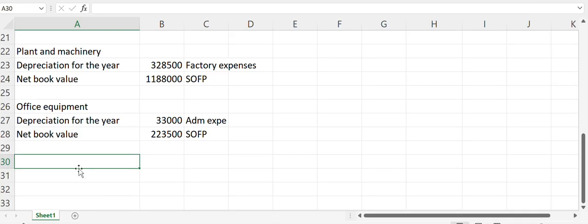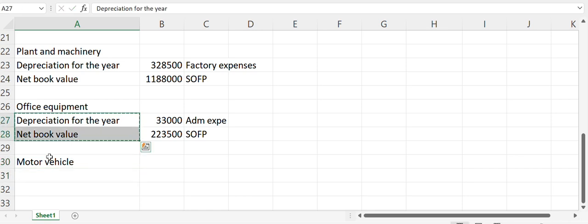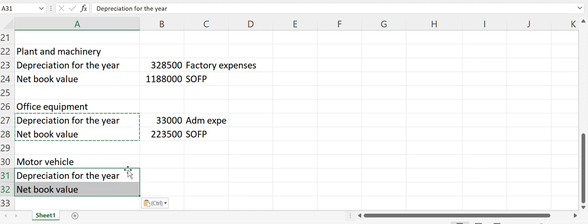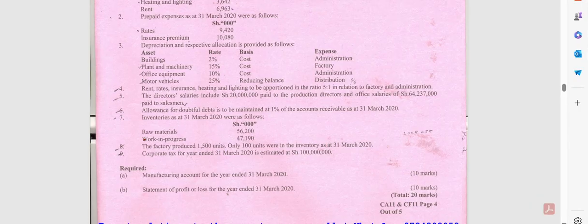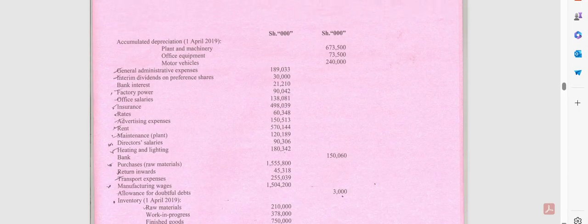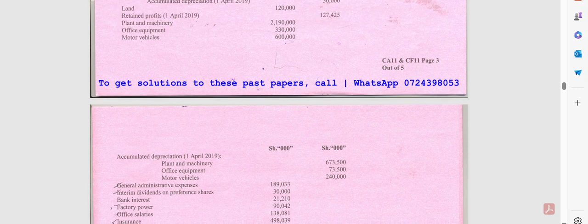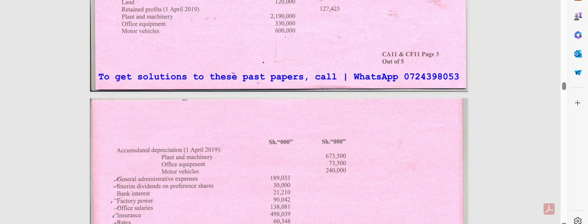So we're going to say here motor vehicle. Motor vehicle, we have, so we are going to say depreciation for the year will be 25%. Then we open bracket, because remember, for reducing balance, you have to subtract the accumulated depreciation from the cost.